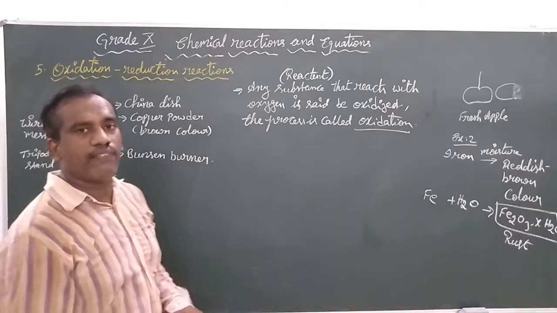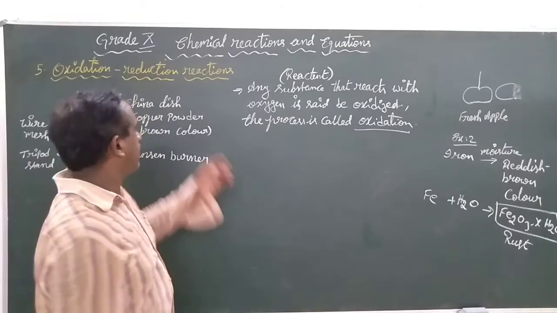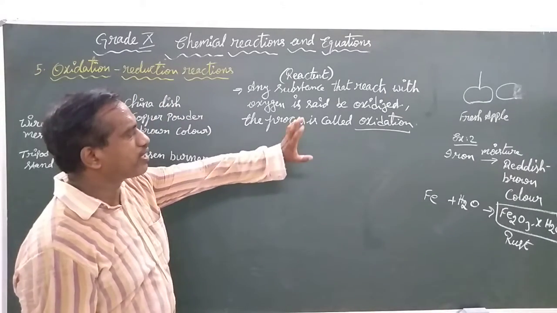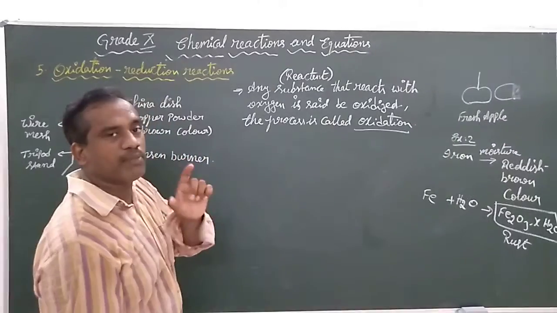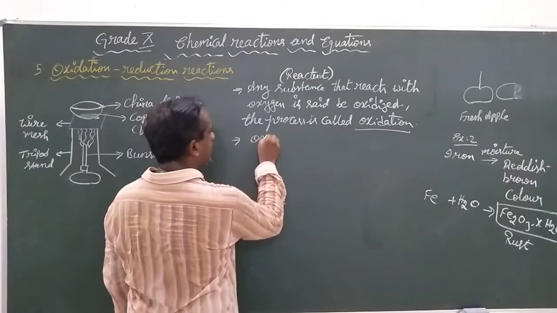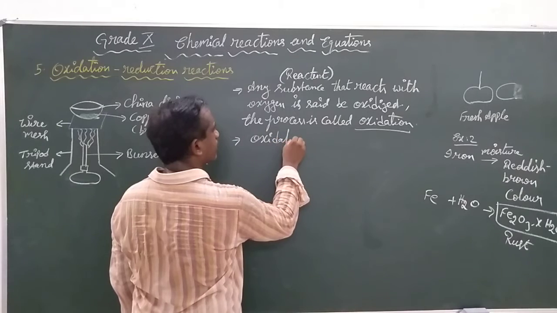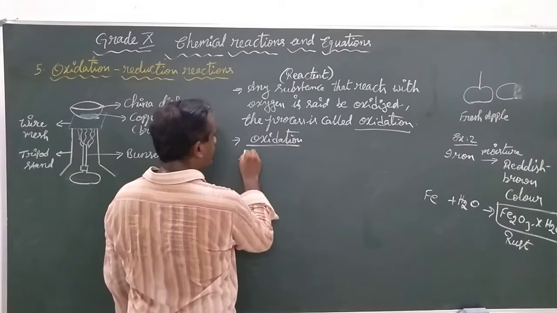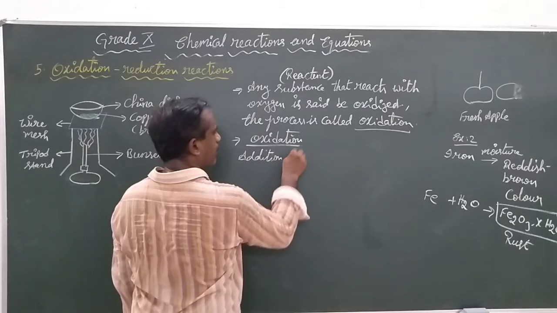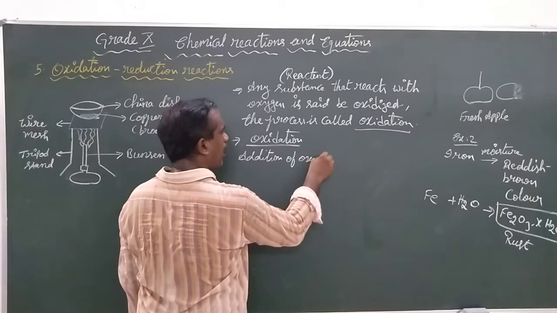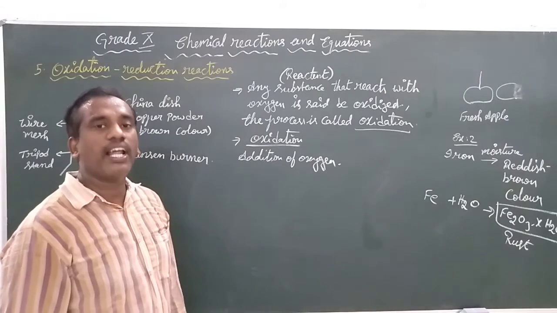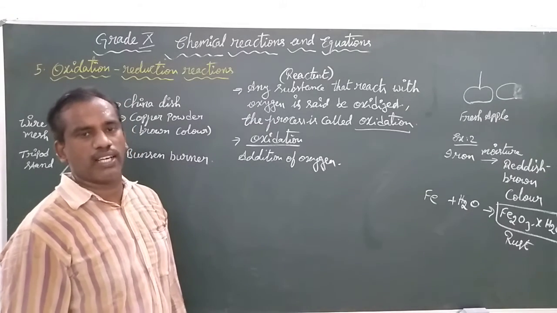Let us take the definition of reduction. I have given the oxidation in a simple way. The whole process we can note, in simple words, as addition of oxygen. Oxidation is nothing but addition of oxygen.